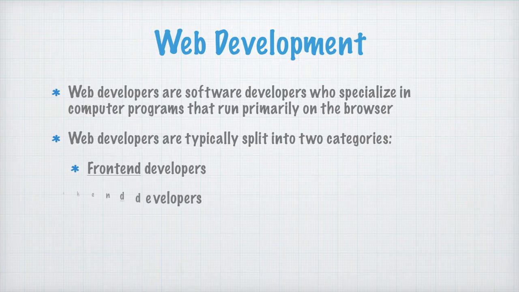Now, there are other kinds of web developers called back-end developers. Those guys are more concerned with what happens behind the scenes on the server side. When you access a website or a web app, what you see is the front end.